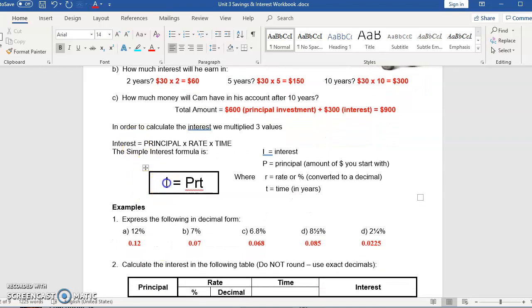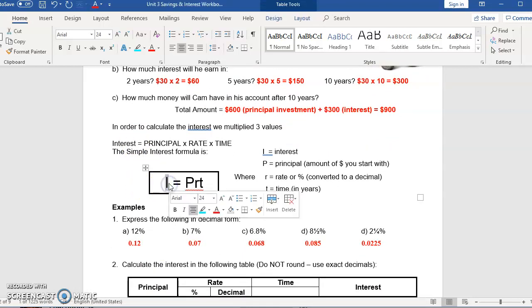This is the interest formula. I represents the interest you're going to make, equals P, or principal investment, the amount of money that you put into the bank account originally. $100, $200, whatever. R is your rate, how much you're going to get paid, or your interest rate, right? So 5%, 10%, 2%, 8%, whatever. Then T is time.